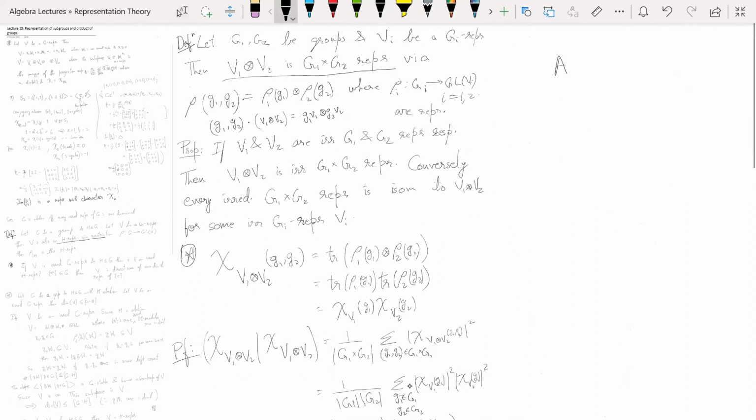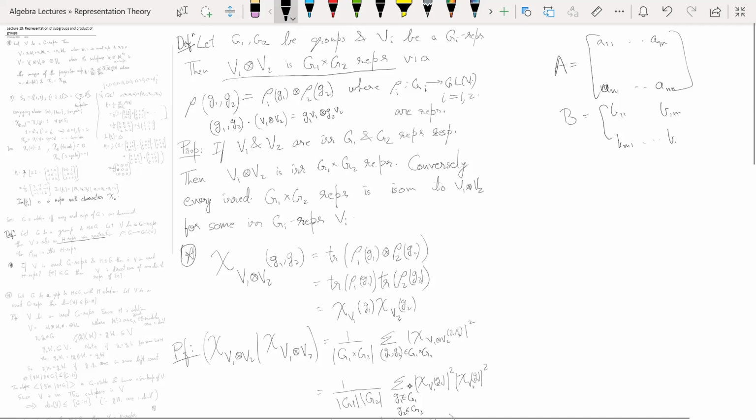So if A is this matrix, the Aij's. Since I'm recalling it, let's write it this way: A11, A1n, An1, Ann, and B is similarly B11, B1m, Bm1, Bmm. So they may not be of the same order. Then A tensor B. It depends upon the choice of basis.